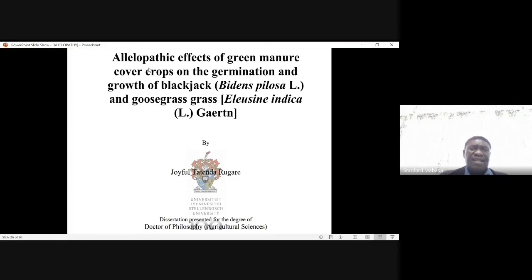Another study was done by Dr. Rugare on the effects of green manure cover crops on the germination of Bidens pilosa and Eleusine indica.